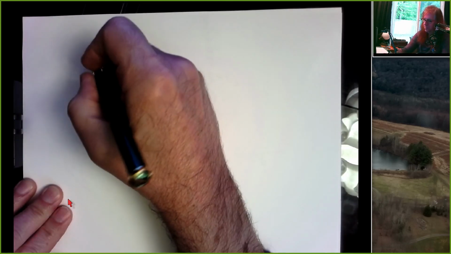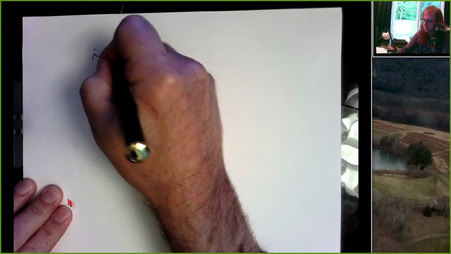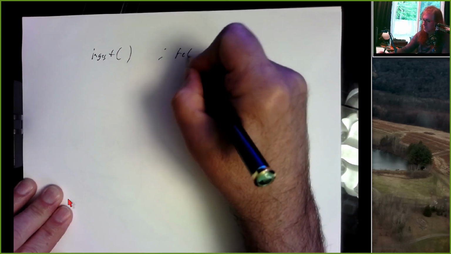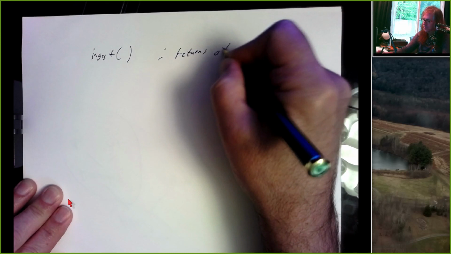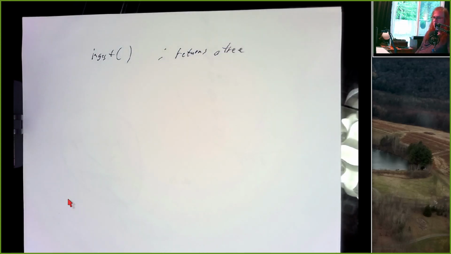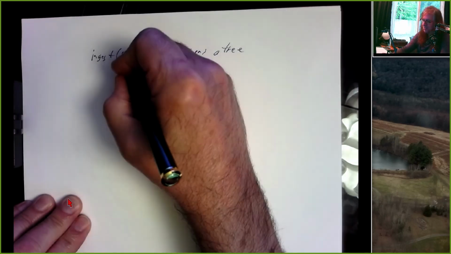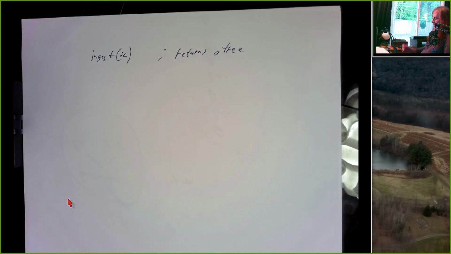I'm going to call it ingest. So we can think of ingest as a method that reads from a scanner. Maybe we can pass our scanner object to this. And it will read a decision tree from this input stream and return that tree.